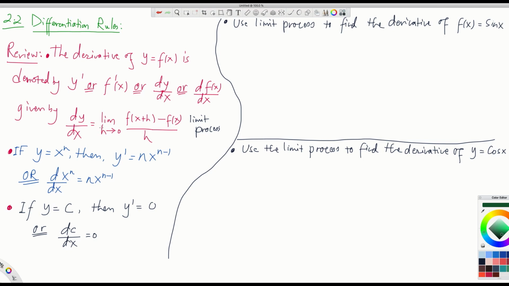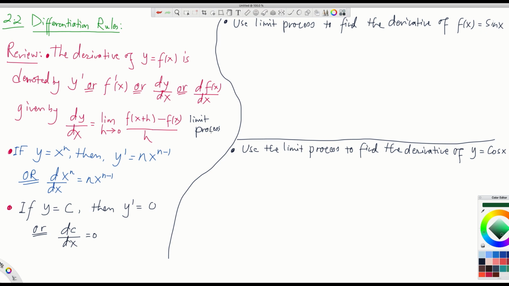You can write delta x instead of h there. You can write the limit as delta x tends to 0 of f of x plus delta x minus f of x, divided by delta x. This definition is called the limit definition, or defining the derivative using the limit process.